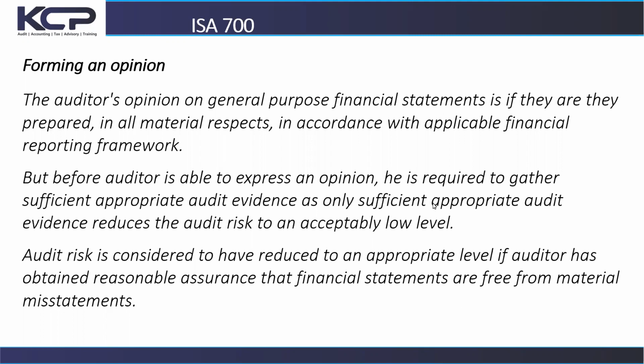But before an auditor is able to express an opinion, he is required to gather sufficient appropriate audit evidence, as only sufficient appropriate evidence reduces the risk to an acceptably low level. So this is exactly what we are saying. We review or independently examine the financial records with one intent, to form an opinion.